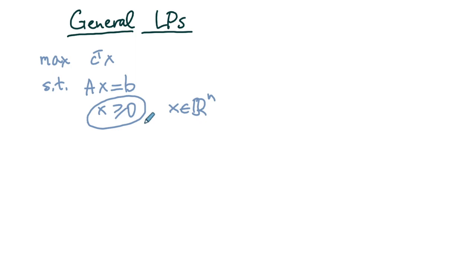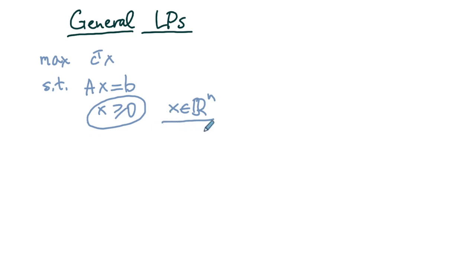Okay, so now what do we do when we have variables that are general and don't have to be non-negative? How do we use the Simplex method for this? Here we apply a simple logic: we reduce the general case to the case that we already studied.